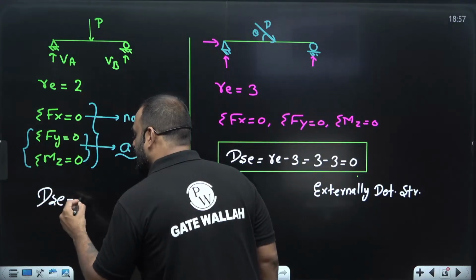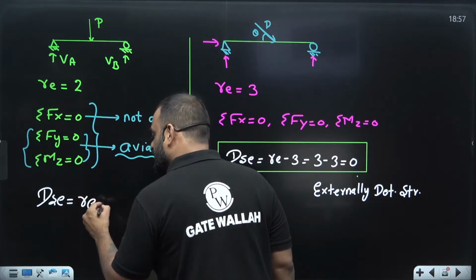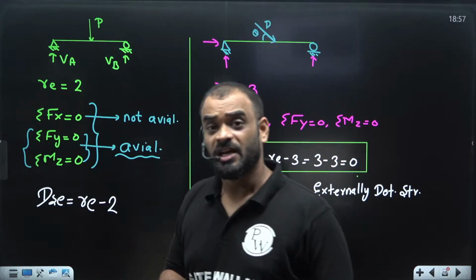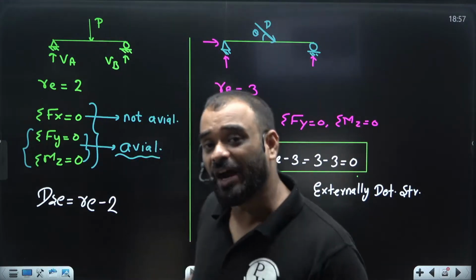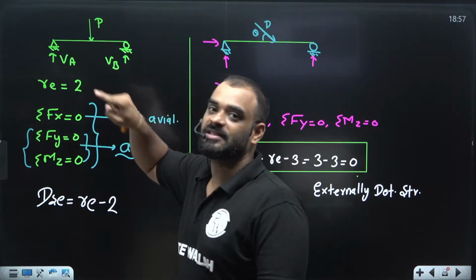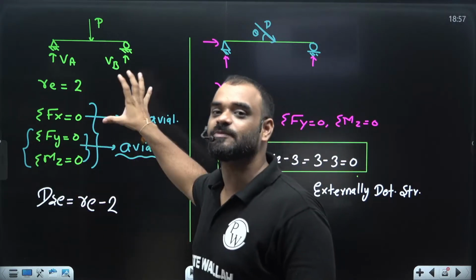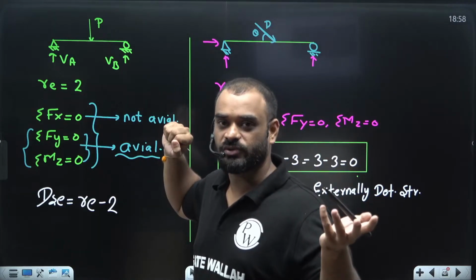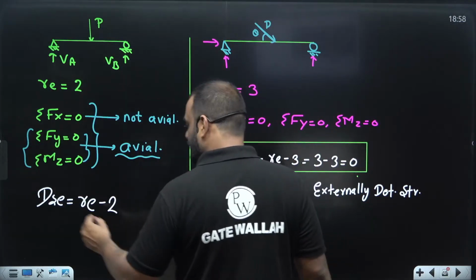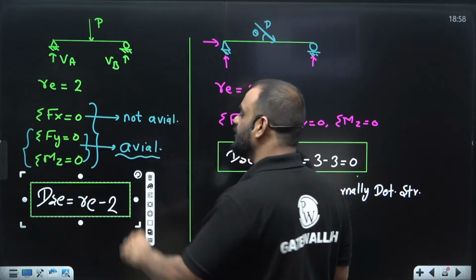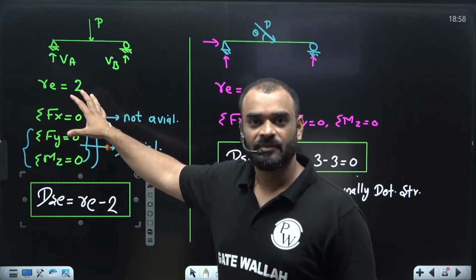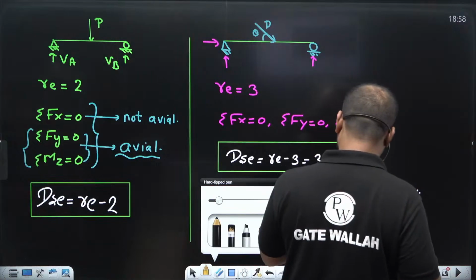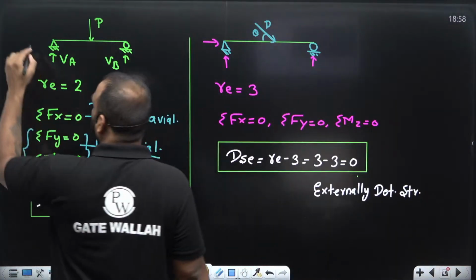In general we write RE minus 3, but in this situation we need to write RE minus 2, because one of the static equilibrium equations is not available to find these external reactions. This is one of the special conditions you may find in the exam and in your practice. So the formula will become RE minus 2 for such a condition. Please remember this point, and this is the only special condition you usually find.